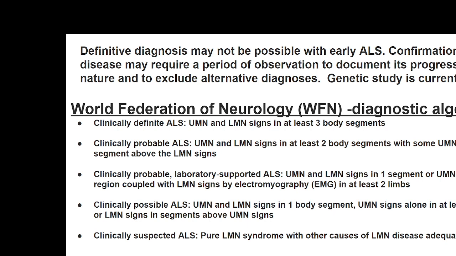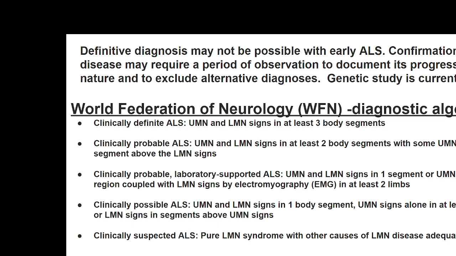Now, clinically suspected conditions are those where the patient may present with only a lower motor neuron syndrome. The patient may feel a laxity in the muscles, and usually the complaints are limited to that, laxity in the muscles and finding it difficult to hold an object, only that much.